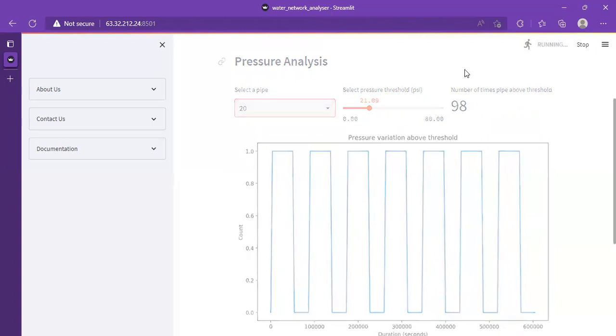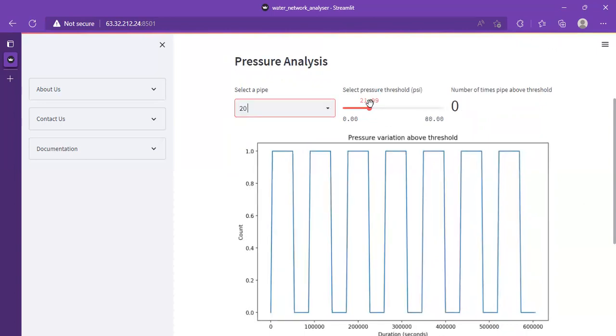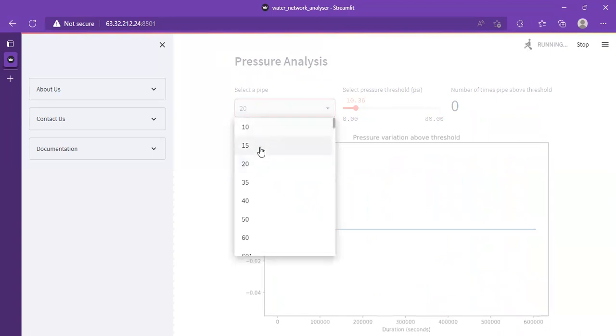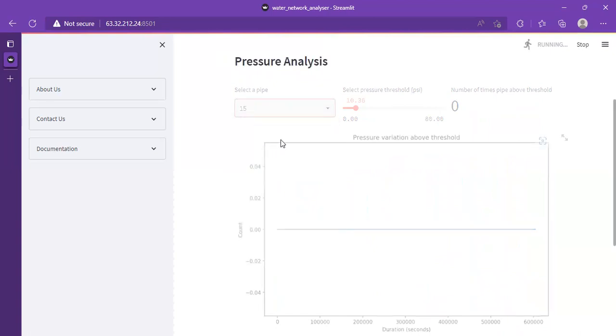So all you need to do is select the pipe of interest, and also you can adjust the pressure to see how many times it actually goes beyond that.